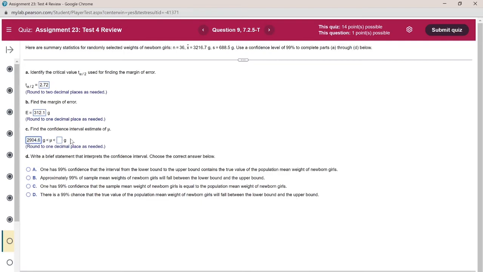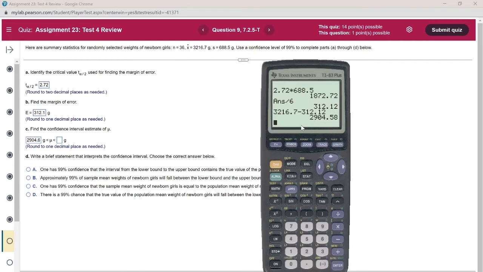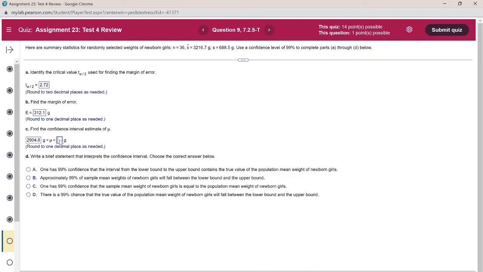For the upper limit, we take the sample mean, 3216.7, plus the margin of error, 312.12, and that gives the upper limit of this confidence interval, which is 3528.8. That's the confidence interval.